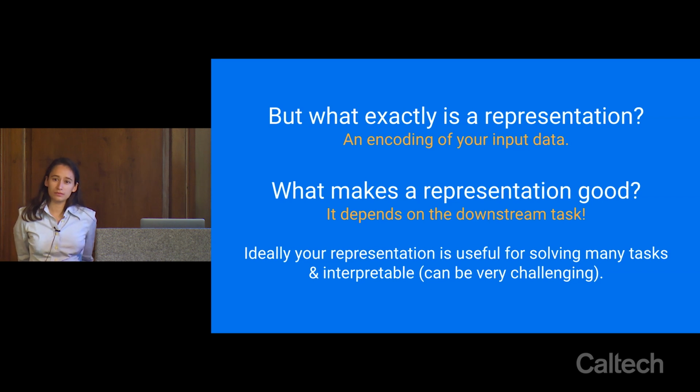But you mentioned that if it solves as many tasks as possible, then it encompasses that. Yeah, and so this goes back to the desire, as many of us are scientists in the room, of having that interpretability. It shouldn't just be for the downstream task, but we should also understand how it is encapsulating the variance in our data, if that's what we want it to encapsulate.